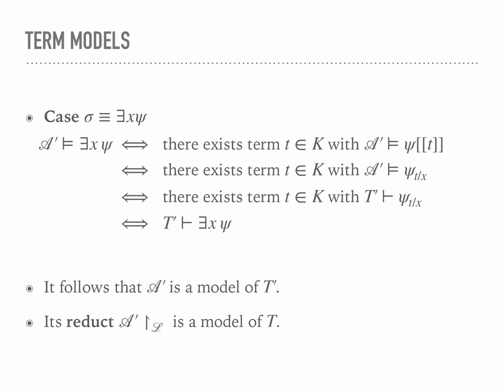So far, we haven't really used the Henkin property, but of course this comes into play in the final case where sigma is of the form exists x psi. So let's start as usual.